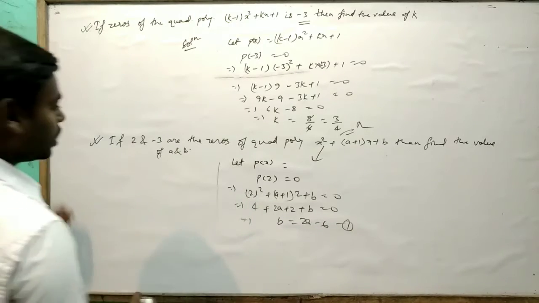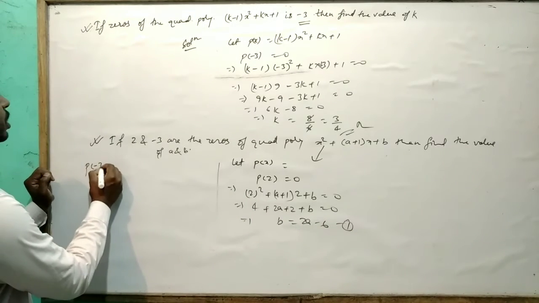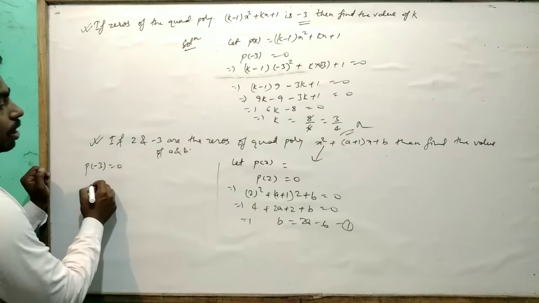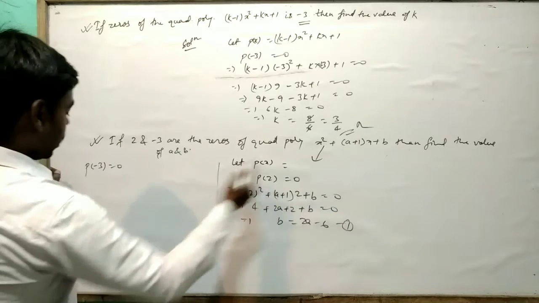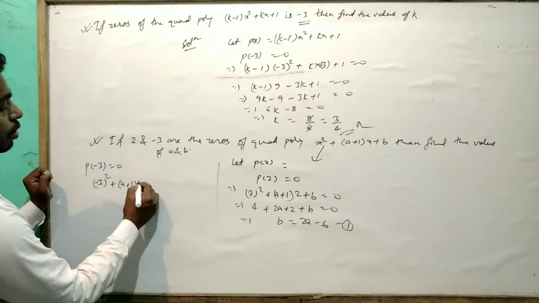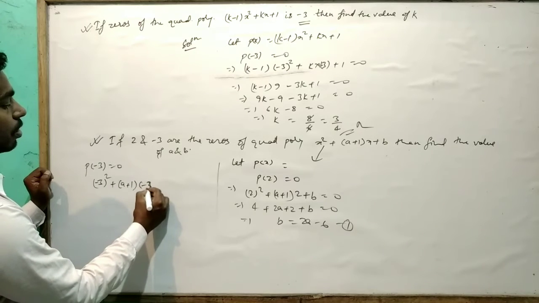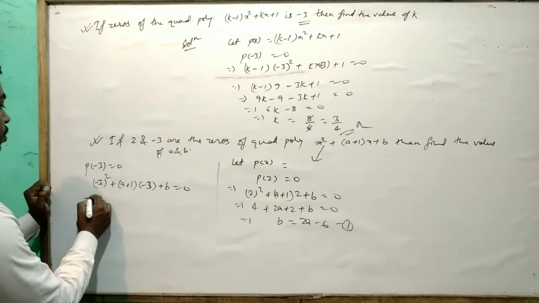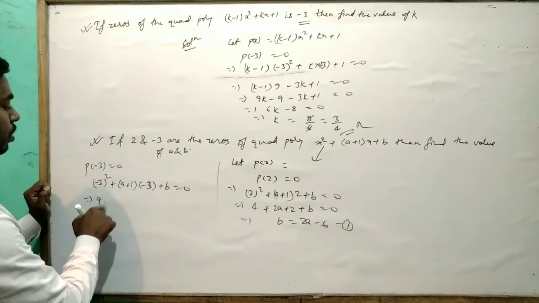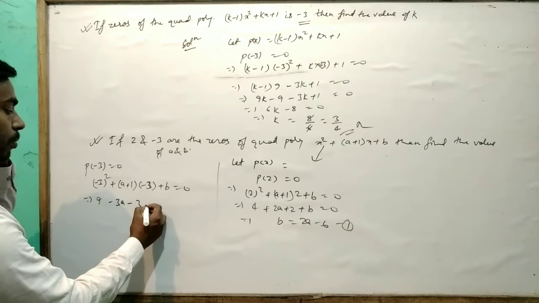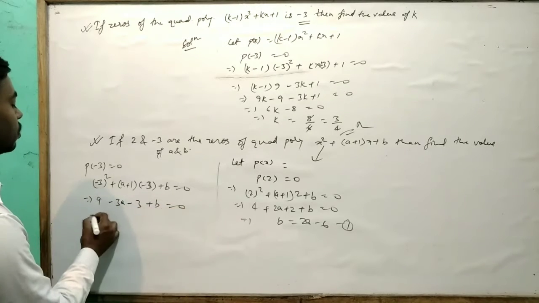Again we can say that p(minus 3) is equal to 0 because minus 3 is also a zero of the polynomial. Then we can write minus 3 to the square plus (a plus 1) into minus 3 plus b is equal to 0.